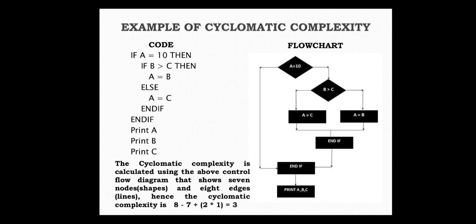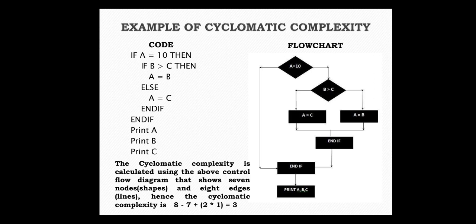Okay, so the cyclomatic complexity we need to calculate. Here the node which has the exit point is only one, that is print a, b, c. So this is the only exit node, so P is equal to 1, right?